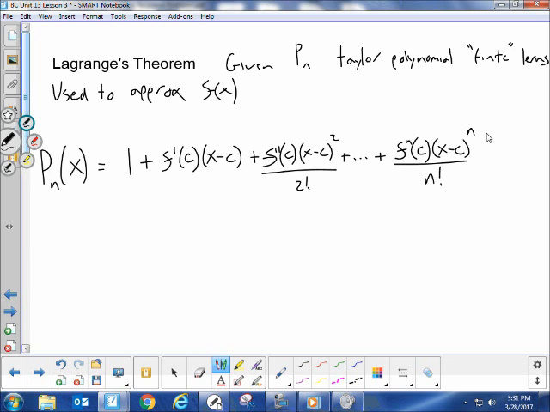And this is how you construct a Taylor polynomial. We're all familiar with this, centered at a value. We'll say centered at C.